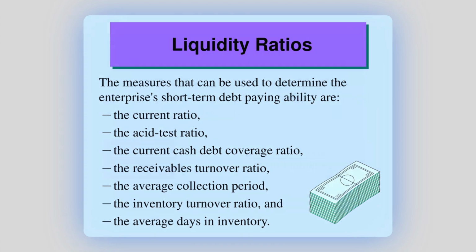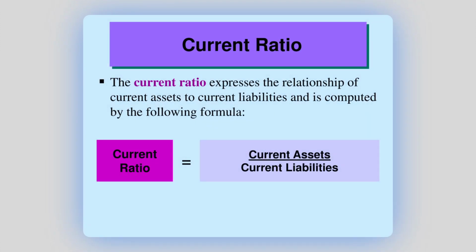Okay? So, what is current ratio? It expresses the relationship of the current assets to your current liabilities and is computed by the following data. So, you have your current assets divided by your current liabilities. Ibig sabihin, you should have enough current assets in order for us to pay for our current liabilities.